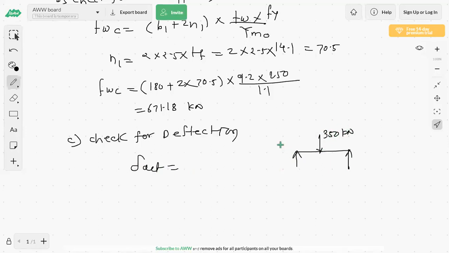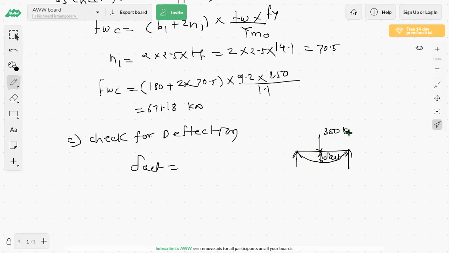How much point load is given? 350 kilonewton is the point load given. So we have to calculate this actual deflection, delta actual.